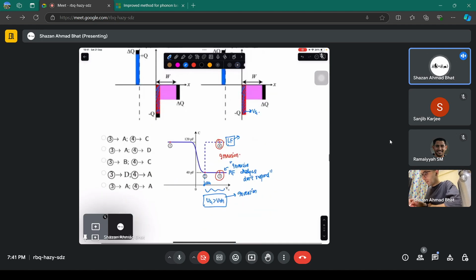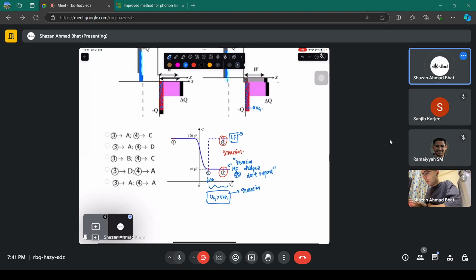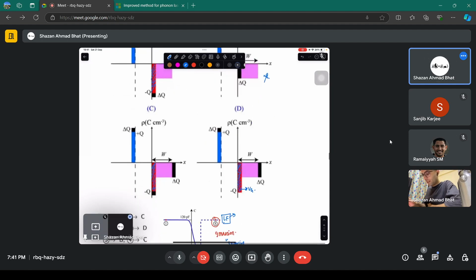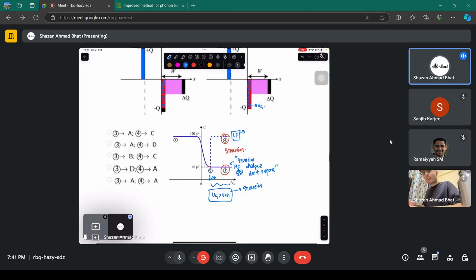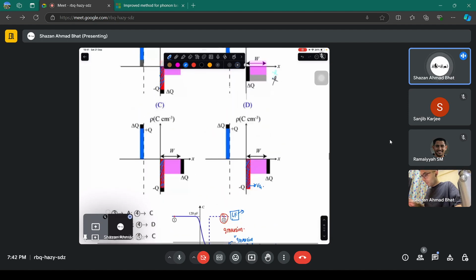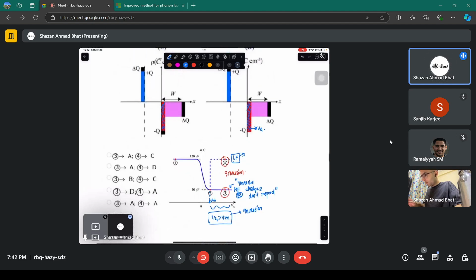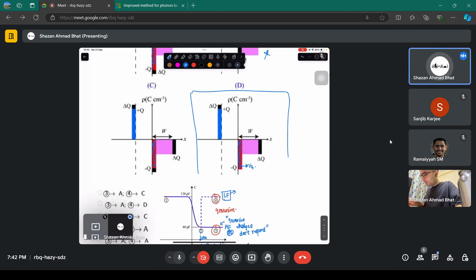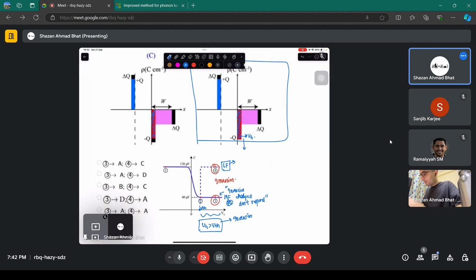So for the high frequency case 3, it should be D. Under high frequency, no more electrons are responding, so whatever electrons there were, they were there because of the gate voltage inversion.